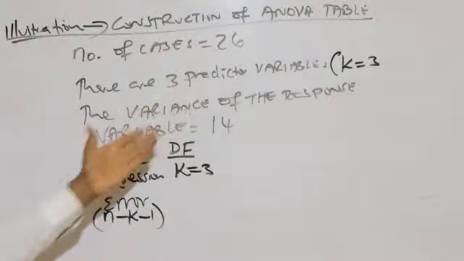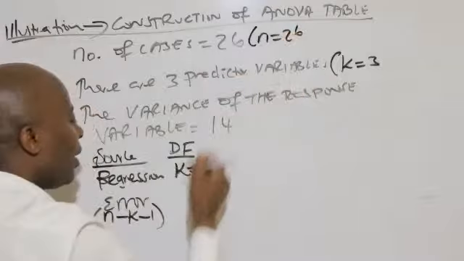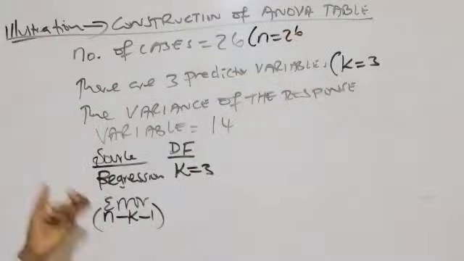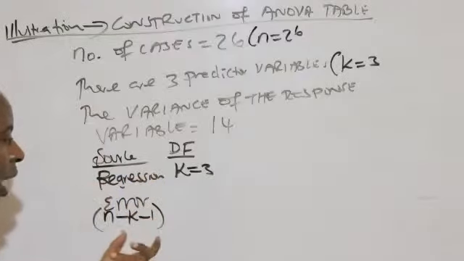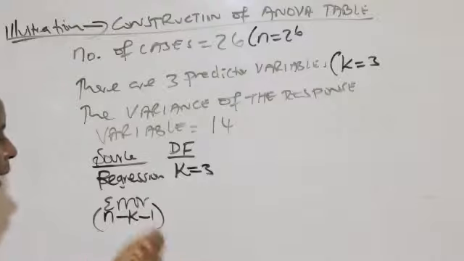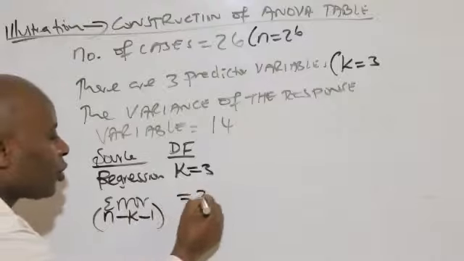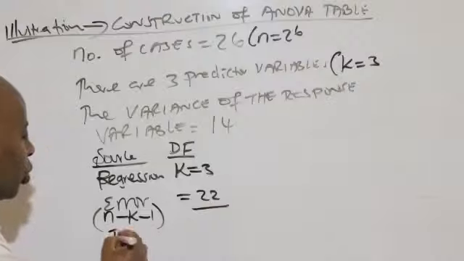The number of cases here is 26. So I take 26 minus this k, which is 3, minus 1. So we have 26 minus 3 minus 1, giving us error degrees of freedom of 22.